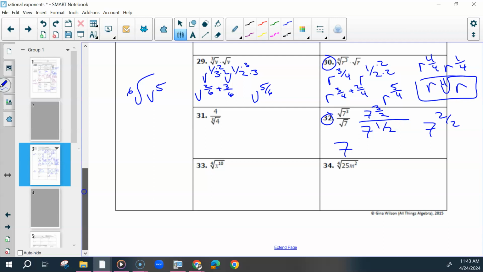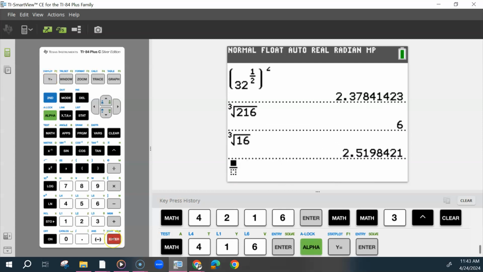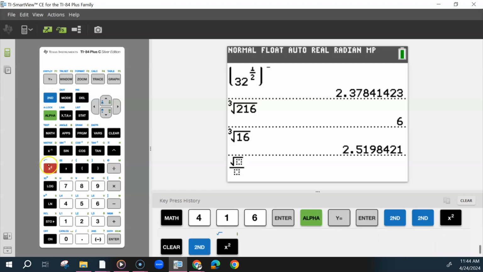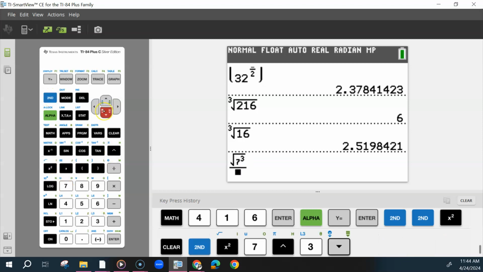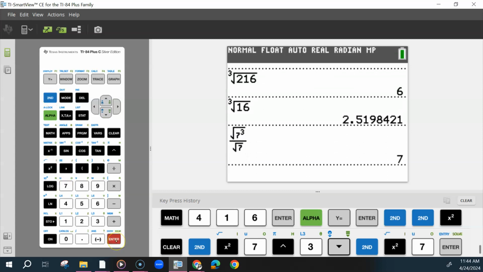This one I am going to put in the calculator just so you can see that it works. Square root of 7 to the third over square root of 7. And we got that. Good job.